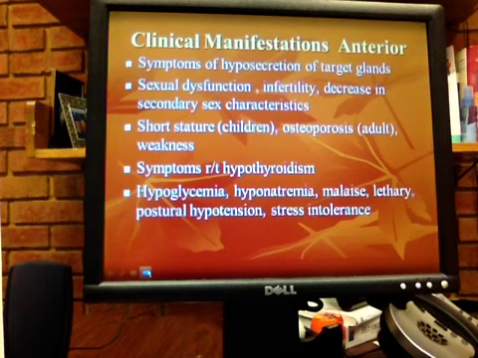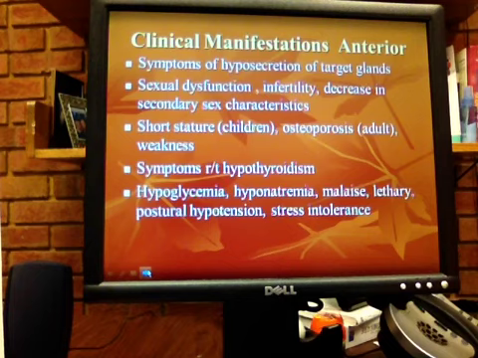So when we look at a deficiency in the gonadotropin hormones, you end up with things like sexual dysfunction: decreased libido, amenorrhea, impotence, infertility, and a decrease in secondary sex characteristics.